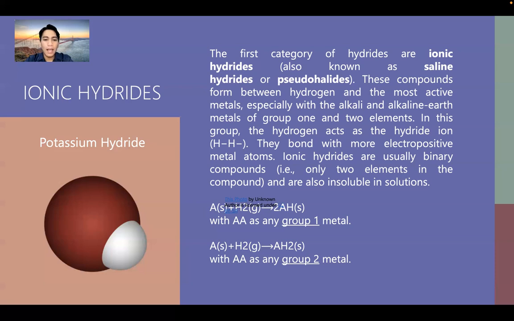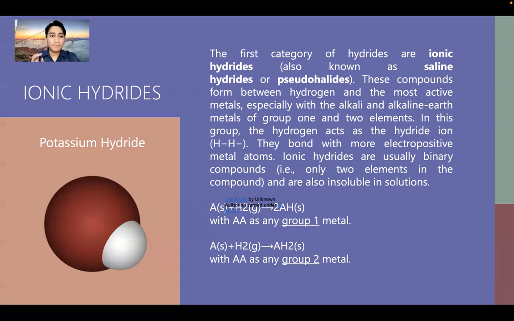Ionic hydrides are a bond of hydrogen with the first group of the elements and the second group, where the first group is the alkali metals and the second group is the alkaline earth metals. When hydrogen reacts with a group 1 metal, let's say for example sodium, it just needs one atom of sodium and one atom of hydrogen to produce NaH or sodium hydride.